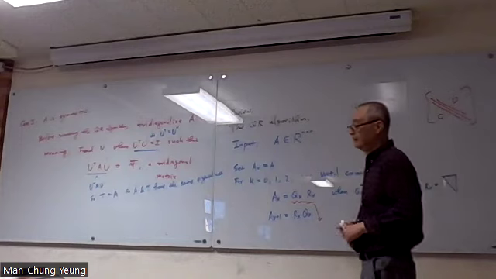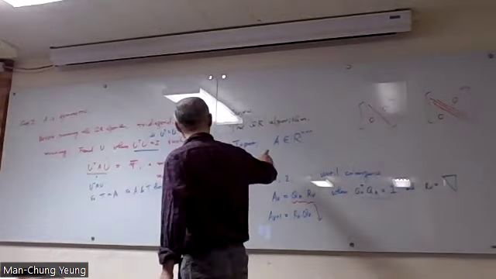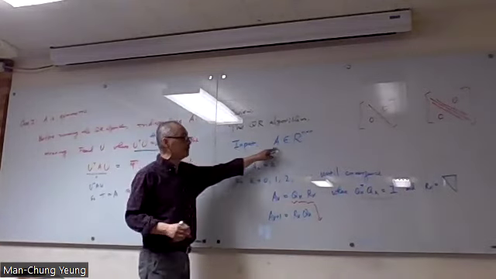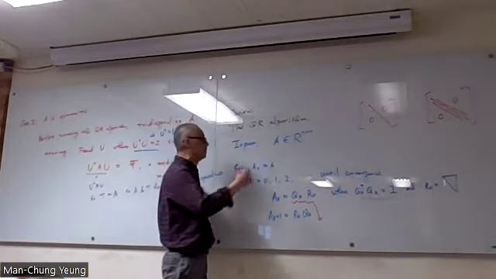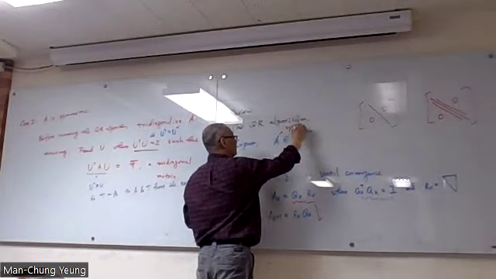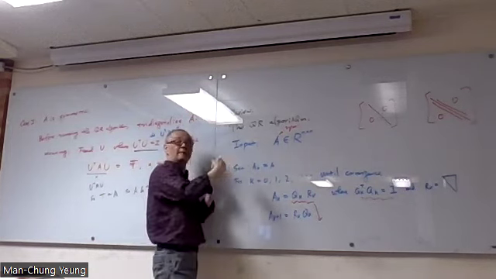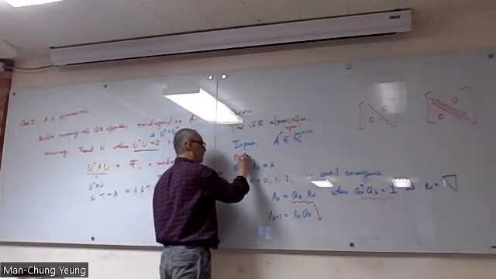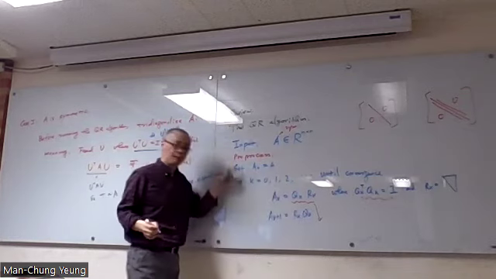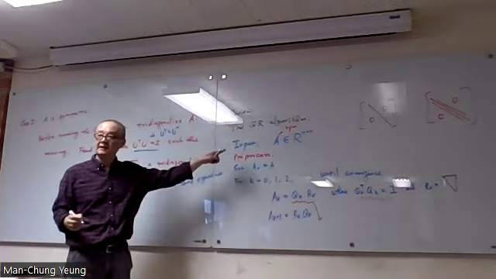Now let me modify this. Input a symmetric matrix. Now pre-process, before I apply QR.